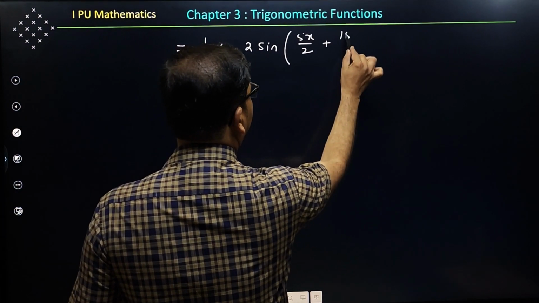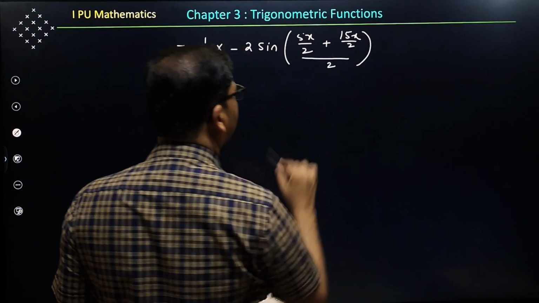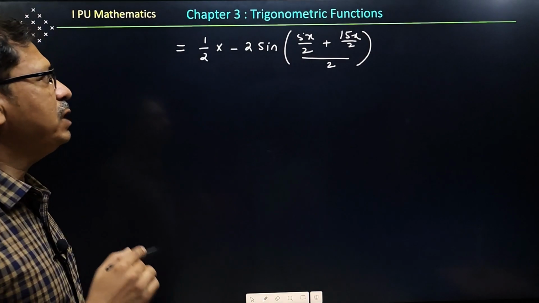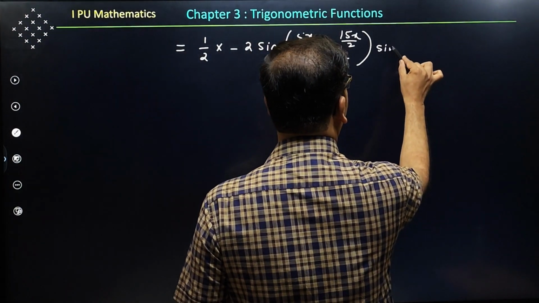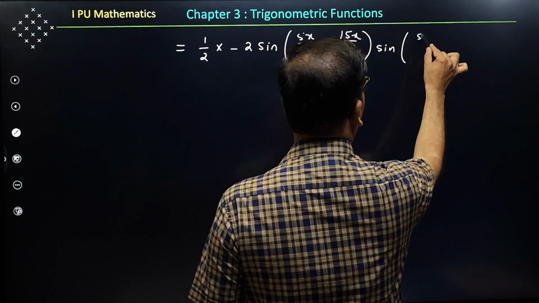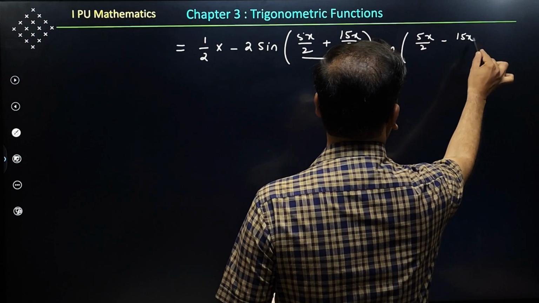Minus 2 into sine of C plus D divided by 2 into sine of C minus D divided by 2, where C minus D is 5x by 2 minus 15x divided by 2.